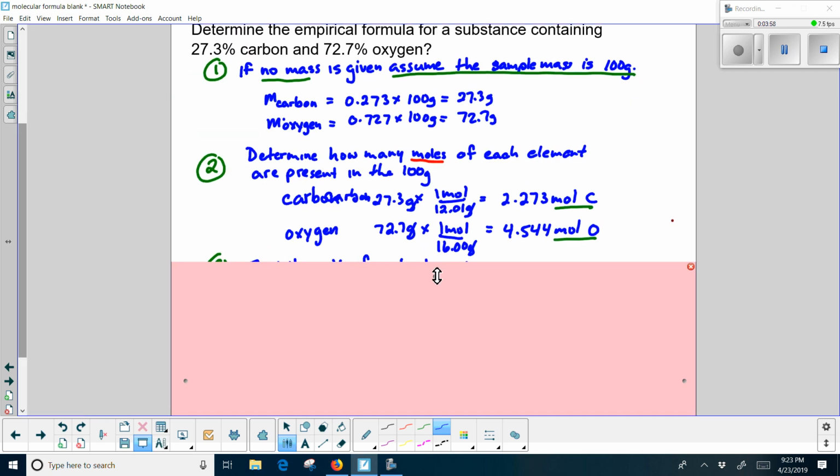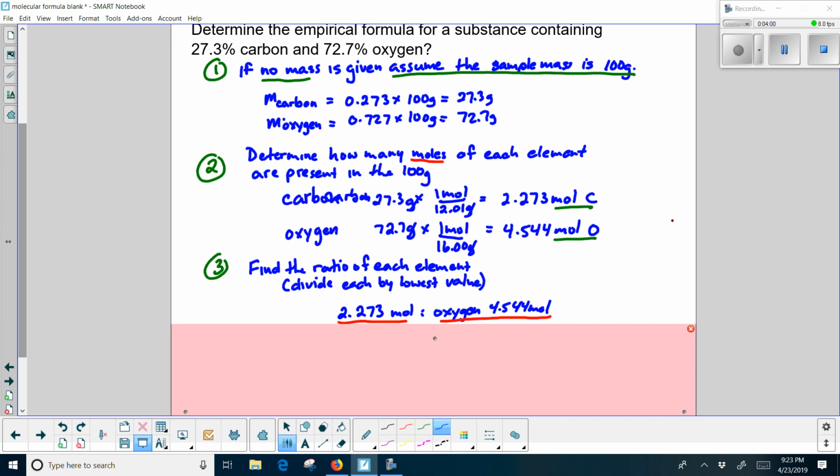To get the formula, all you have to do is determine the proportion in terms of moles for each of these elements. So I'm going to be comparing the amount of carbon to the amount of oxygen. The way you do that, you set up a little ratio. I've got 2.273 moles of carbon for every 4.544 moles of oxygen.